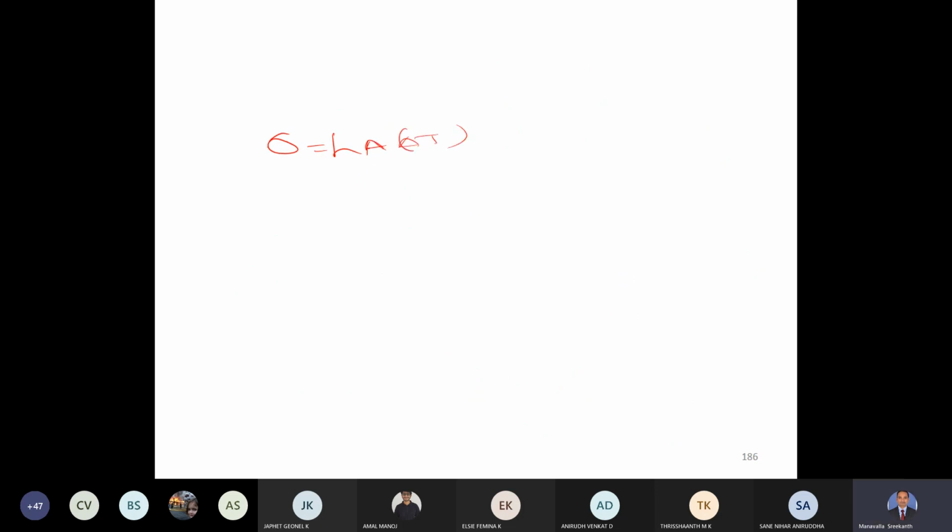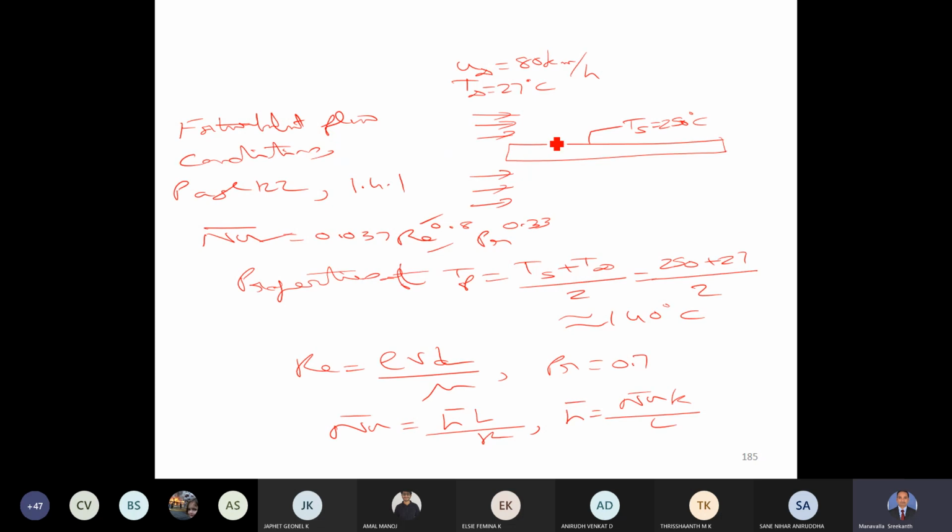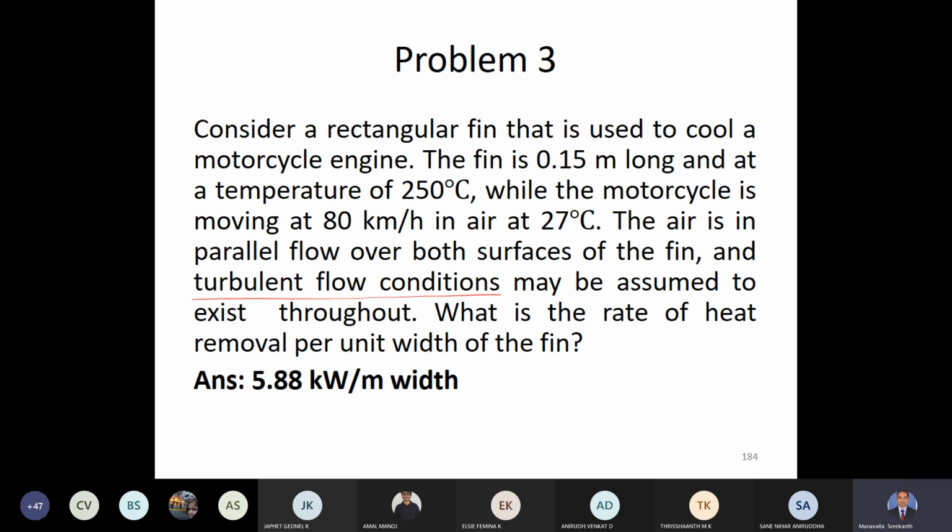Okay. But in this problem, as I said, we have to consider both sides because air flows on both sides of a fin. And area, are we given it? The fin is 0.15 meter long. So it's a small fin, 15 centimeters long. And we are told to assume the width as the unit width of the fin.